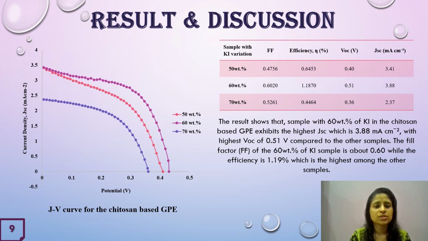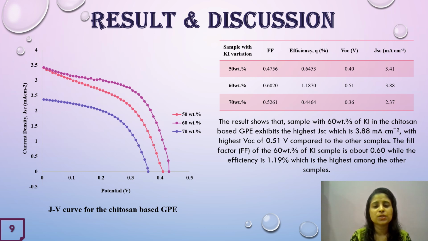However, the efficiency and the fill factor drop when more potassium iodide is added because the gel polymer electrolyte became oversaturated. When the gel polymer electrolyte is oversaturated with potassium iodide, the concentration of ions becomes so high that they begin to interact with each other in ways that impede their mobility.